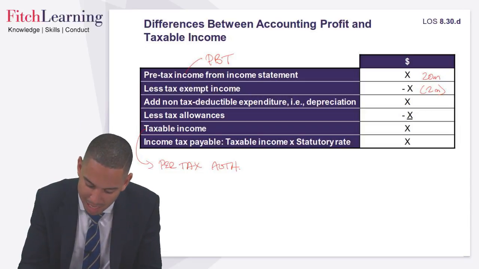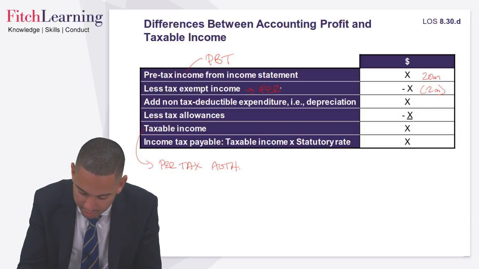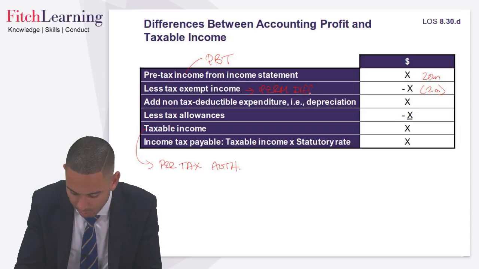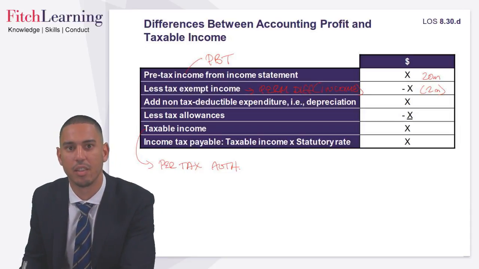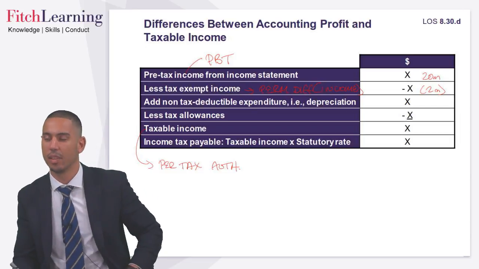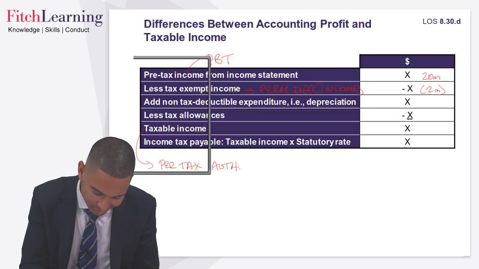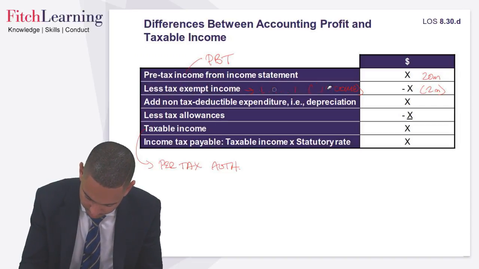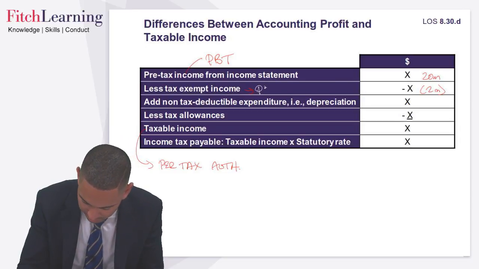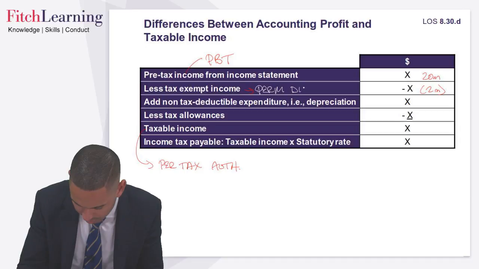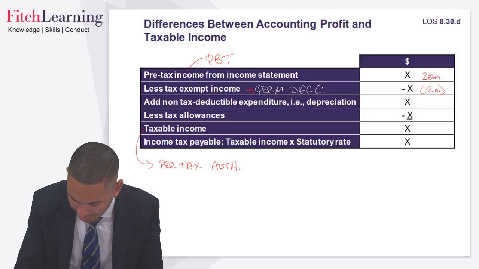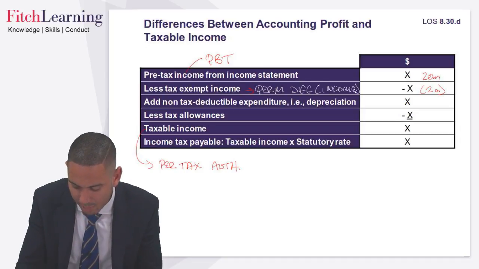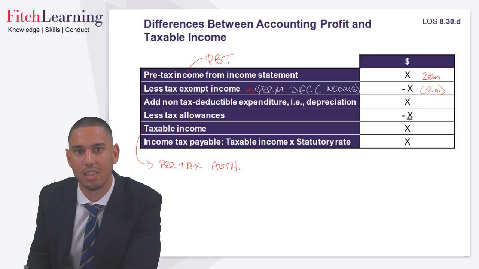So I'm going to strip out this permanent difference, which is an income. That income is tax-free. So I'm stripping out my permanent differences. When it relates to income, that's a minus. Some of that income is not going to be taxed.